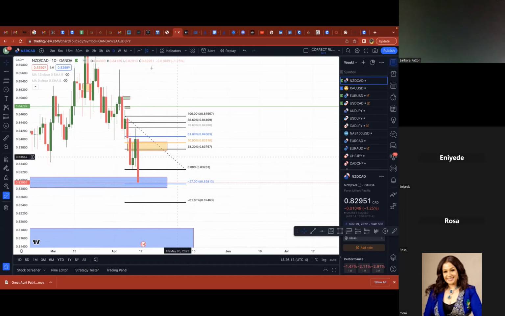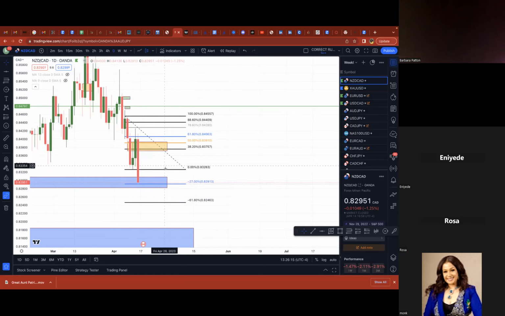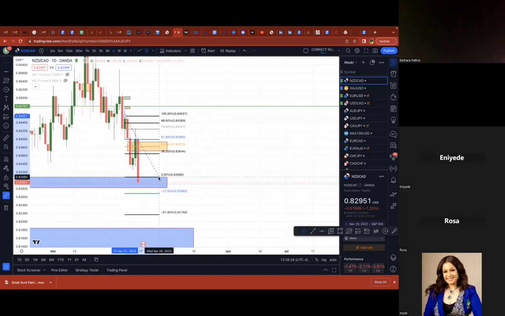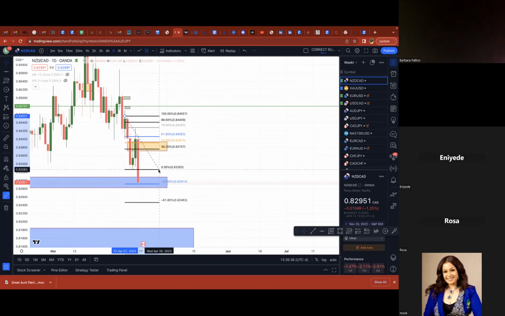You mean like the direction? So now because we're selling, this is why we gotta fib this way, just because it's selling. Does that make sense? Because that's how I would fib it, from the top, from the swing high to the swing low.